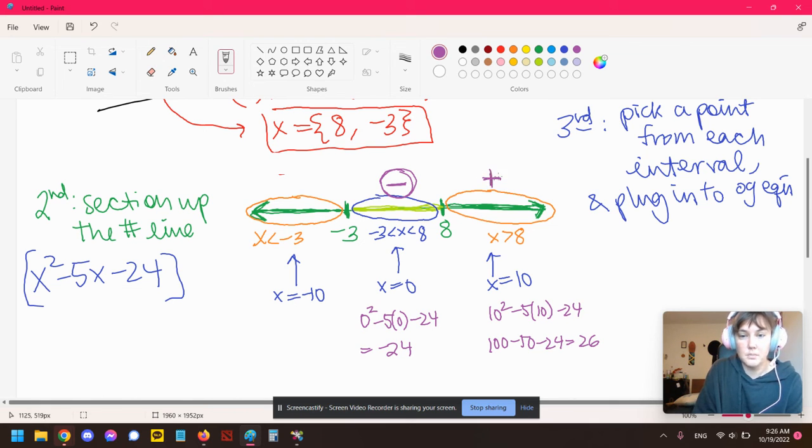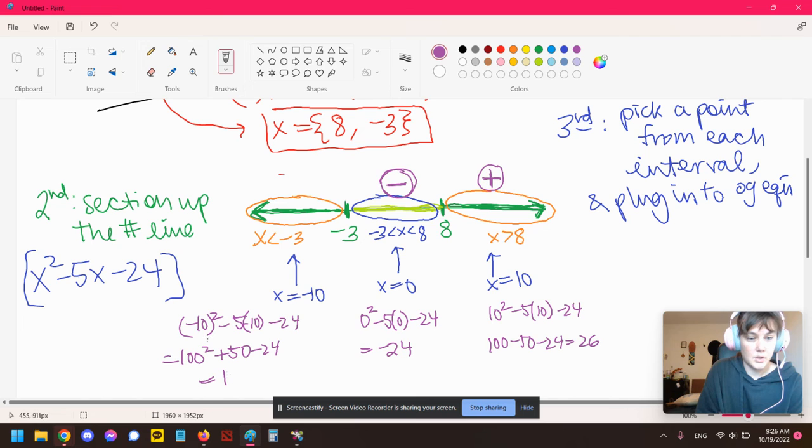That is a positive number. And over here, if I plug in negative 10 squared minus 5 times negative 10 minus 24, I get positive 100 plus 50 minus 24, which is 126, which is, again, a positive number.